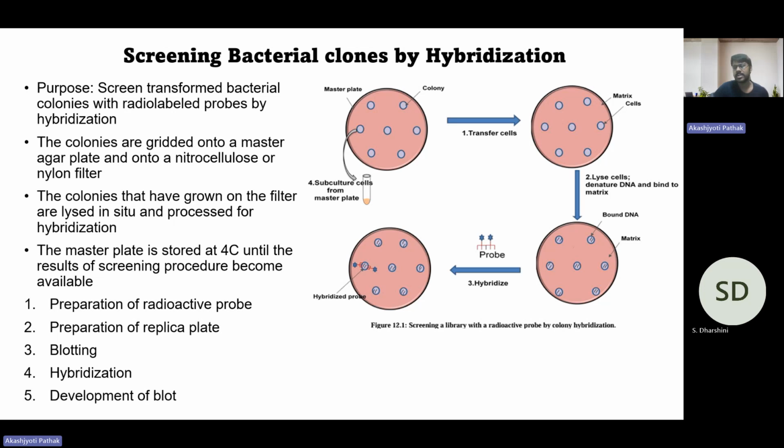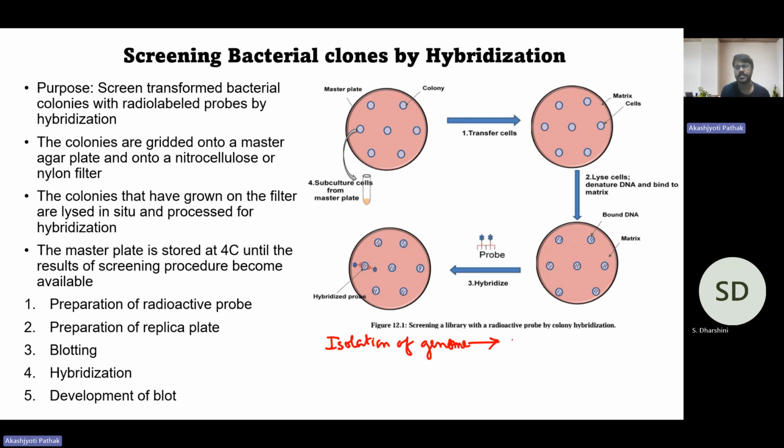Okay, now what is this? So what were the various steps? First of all, the first step was isolation of the gene. The genome was isolated, then it was fragmented.